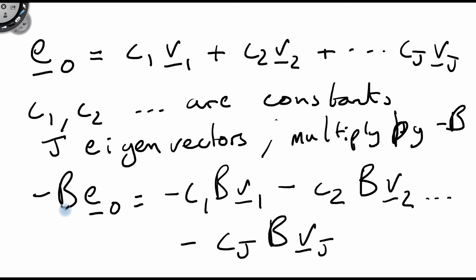So you pre-multiply by the matrix, and you can see where we're going. Because we've defined these as eigenvectors, this simplifies massively. This will just go to lambda_1 times v_1.